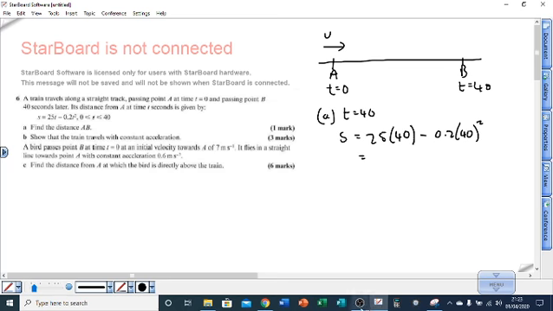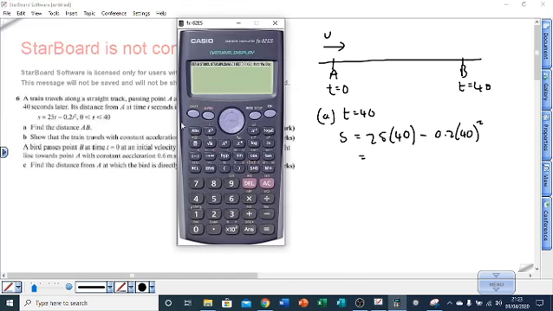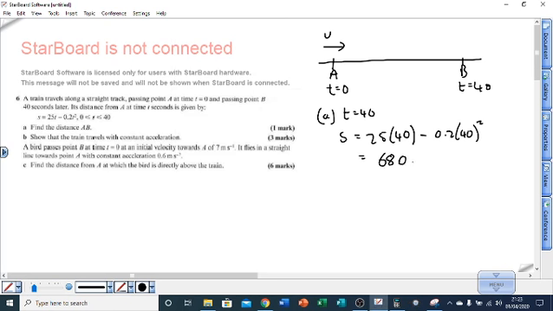Working that out on the calculator: brackets 25 times 40, minus brackets 0.2 multiplied by 40 squared, equals 680. So we've got 680 meters as the distance between both of these.